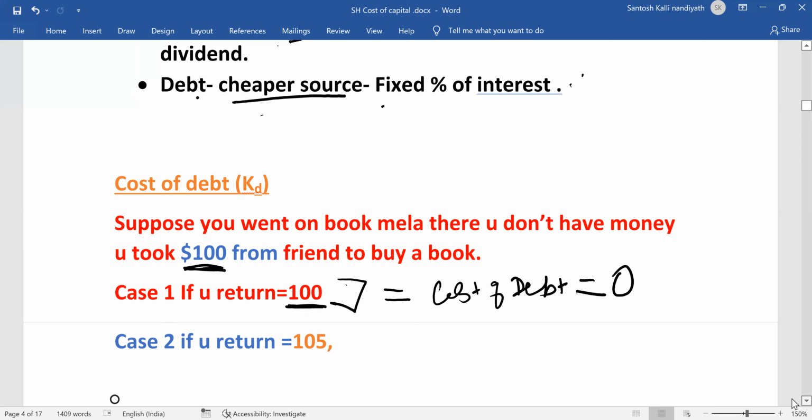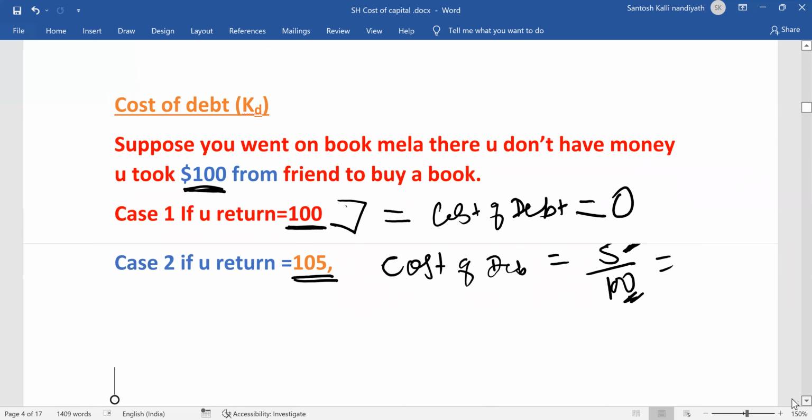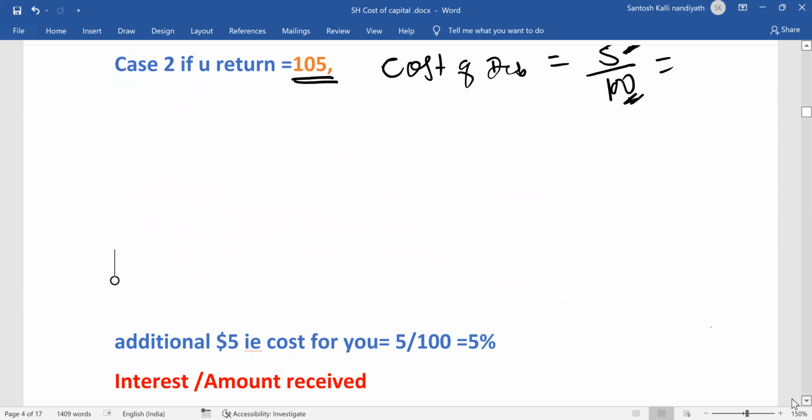Suppose you are returning 105. What would be the cost of debt? $5. How do you calculate it? How much extra you have paid, divided by the amount received, in percentage terms. So the extra money you paid is 5, divided by the amount received. This is the formula: interest divided by amount received.